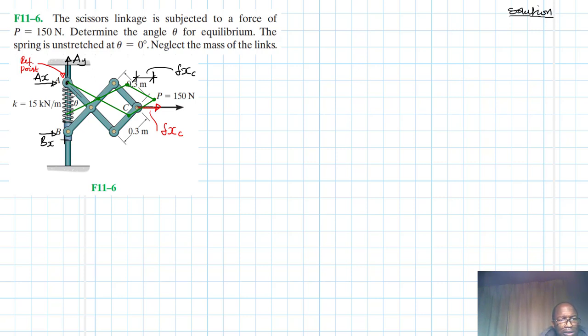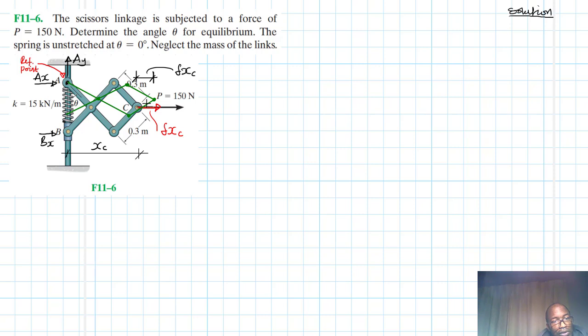The original distance from the reference point A to C, we need those so that we apply the first order differential equations to find those virtual displacements. Let's call this one xc.